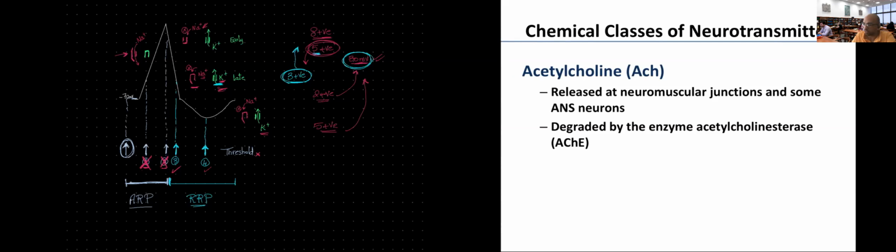If you remember, this acetylcholine is the neurotransmitter that we saw when we studied skeletal muscle contraction, that got released from the somatic nerve cell and caused the contraction of the skeletal muscle cell. It was located at the neuromuscular junction.